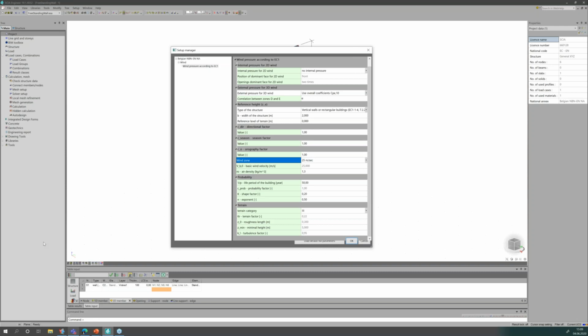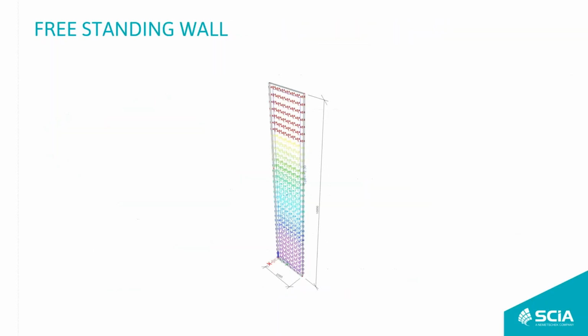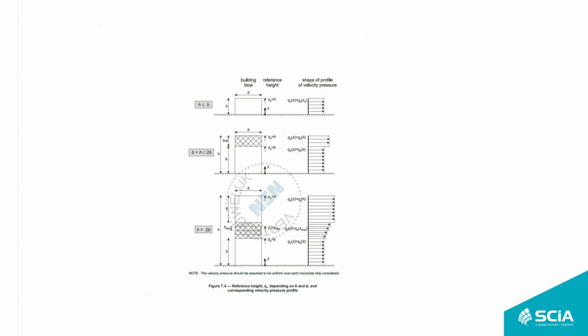If I will follow then, you know that in the case of the wind calculation, the code prescribes some differences in the case of the building geometry and also the height of the structure.